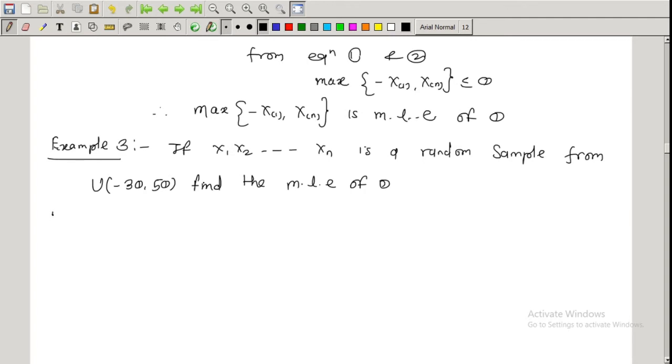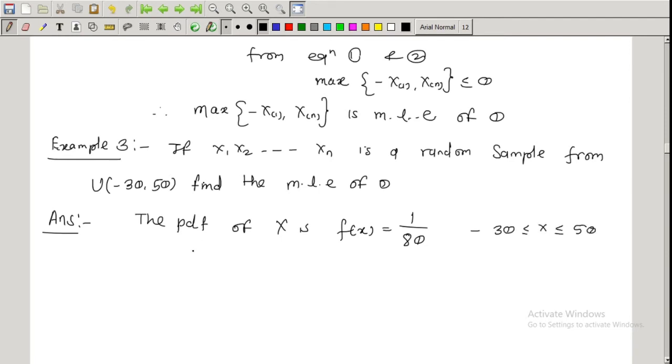So here to get the solution, first we write the PDF. The PDF of x is, so f of x is equal to 1 upon 8 theta, for the range minus 3 theta is less than equal to x is less than equal to 5 theta.